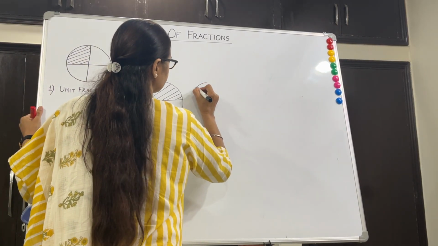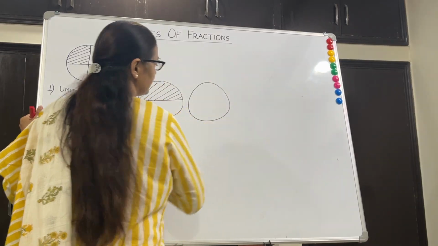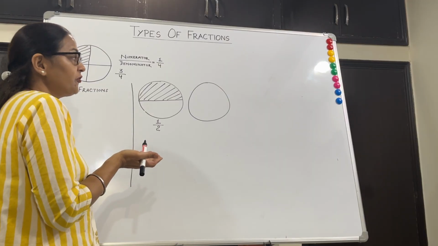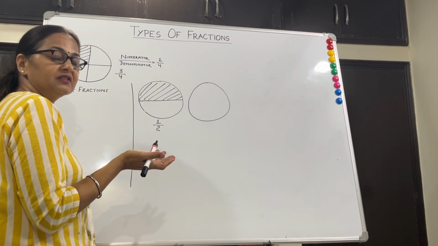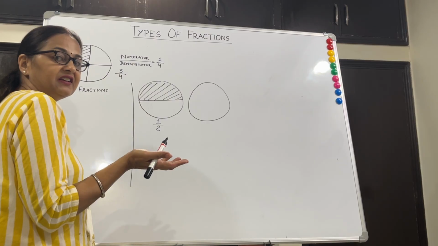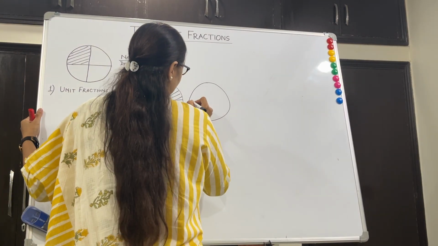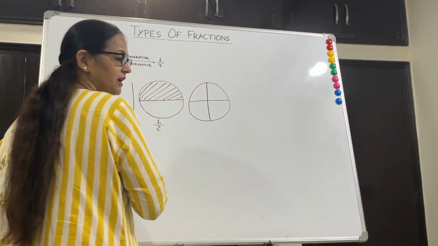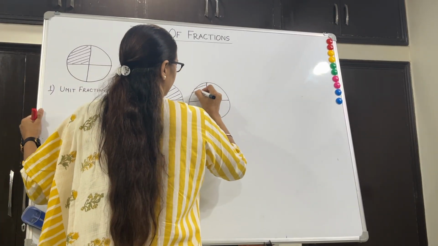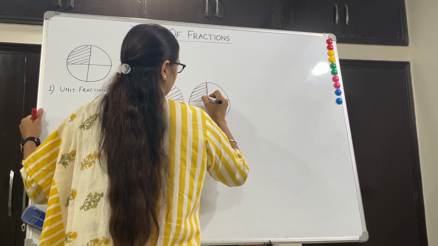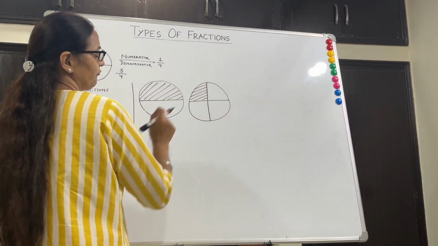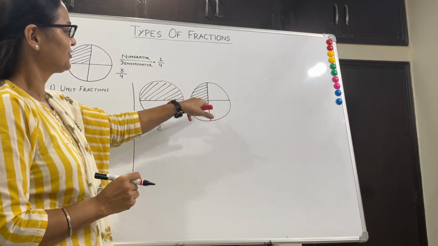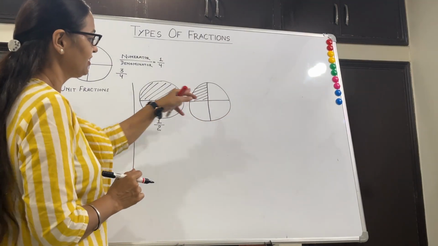Taking another example, again I am taking a circle. You can consider it as any of your favorite things, a pizza, a burger, maybe a muffin. I am dividing it into 4 equal parts, and one part I am going to shade. Consider it as a pizza. It is divided into 4 equal parts and you are eating one part.